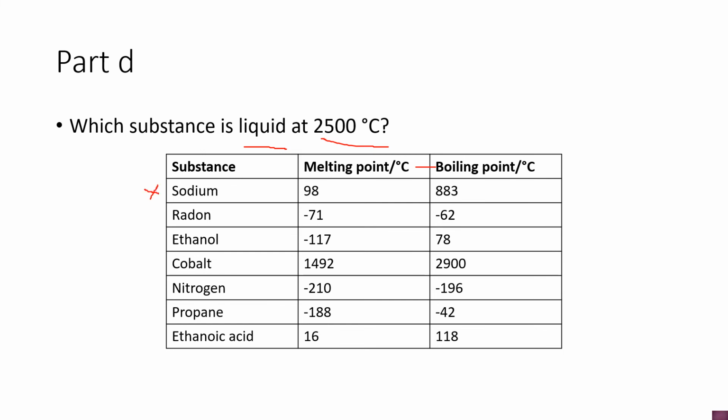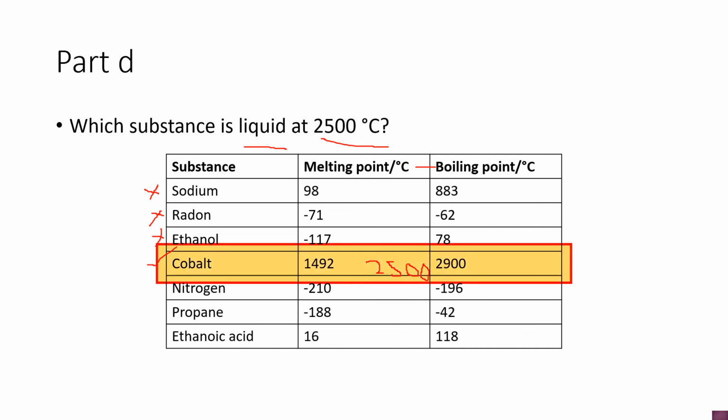Sodium is not, radon is not, ethanol is not, cobalt, yes, because it is in the range, because 2500 is between melting point and boiling point. So the answer is cobalt.